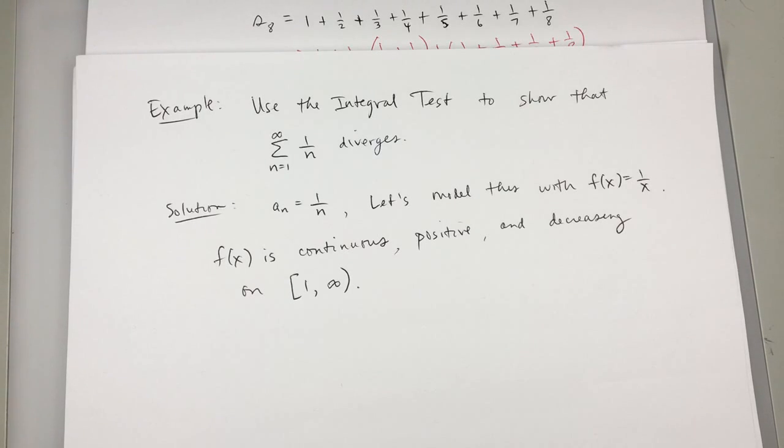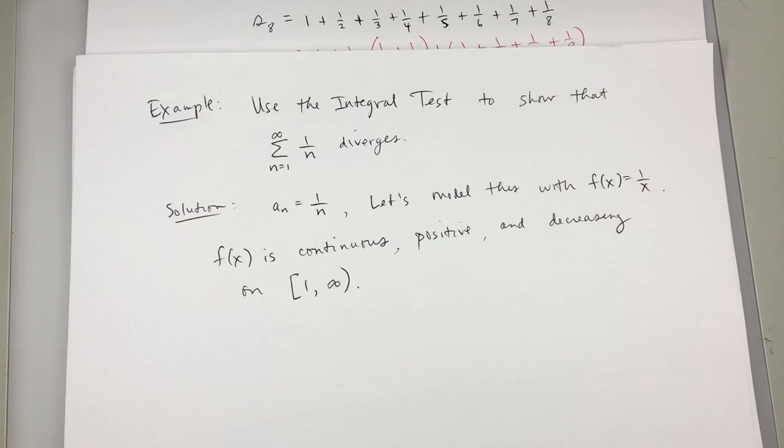And I really haven't shown a lot of this formally here, but I'm looking at this f of x is 1 over x. Where is f of x discontinuous? At 0. But I'm going from positive 1 to infinity. Now if I plug in numbers from positive 1 to infinity, it does stay positive. 1 over positive, positive.